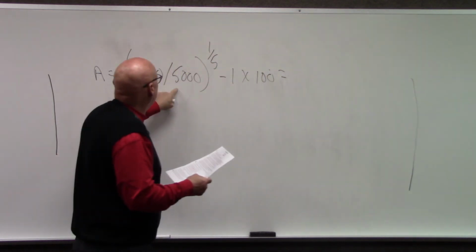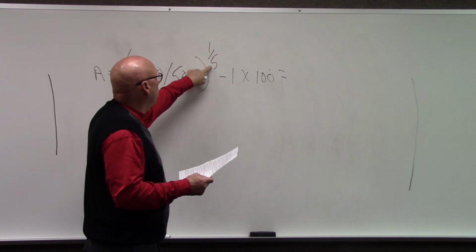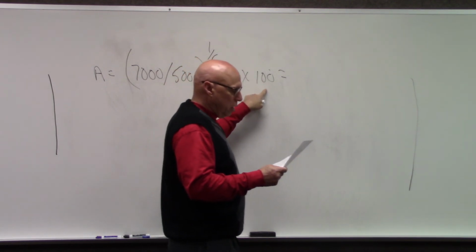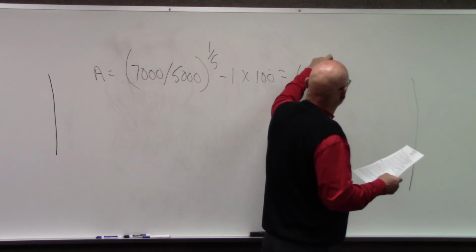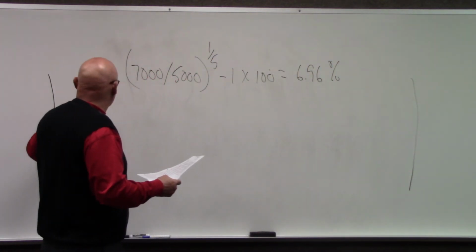So 7,000 divided by 5,000 equals, y^x, 5, 1/x, equals, minus 1 equals, times 100 equals, and we get 6.96%. Now let's see what investment B earns.